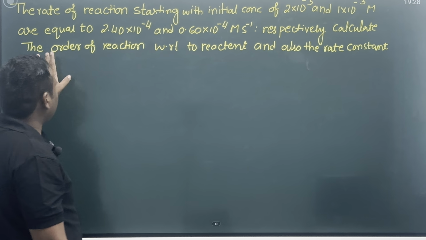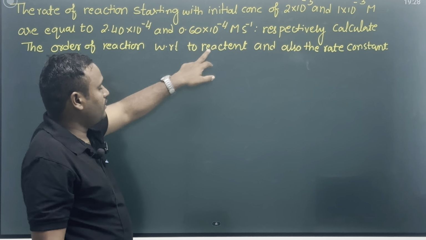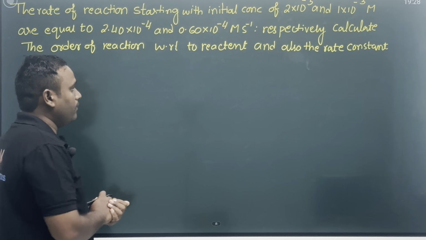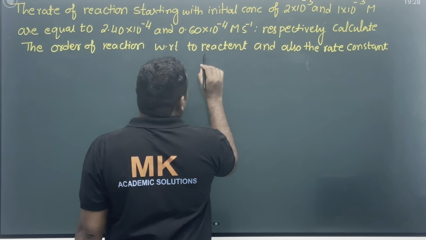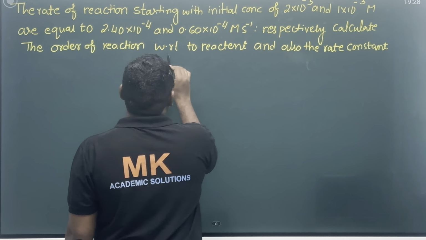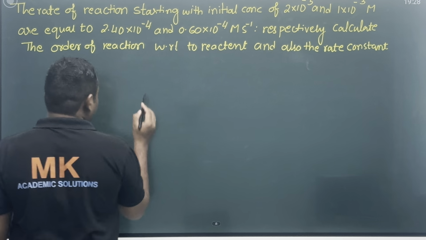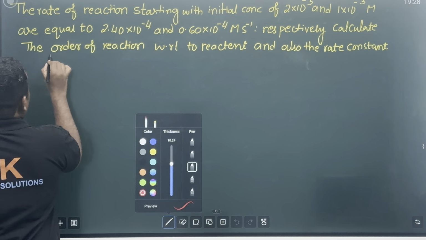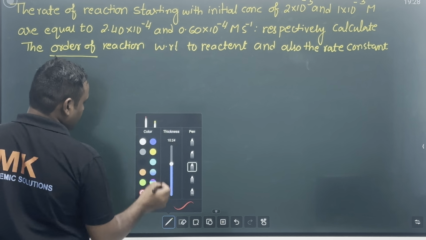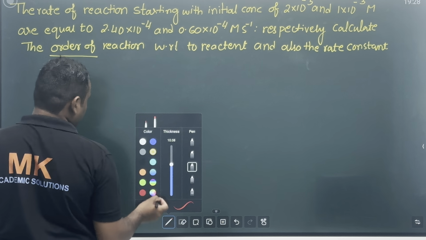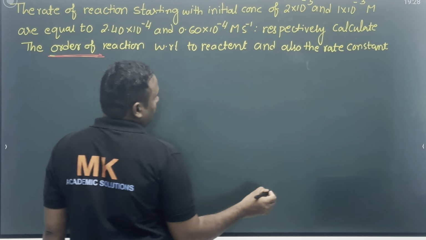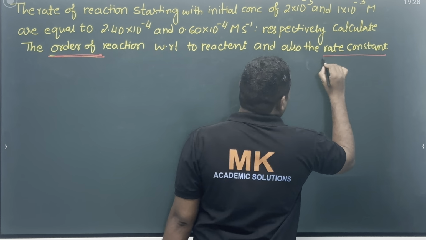Calculate the order of reaction with respect to reactant and also the rate constant K. So here they have given two questions. We need to find out the order of reaction, and also the rate constant.